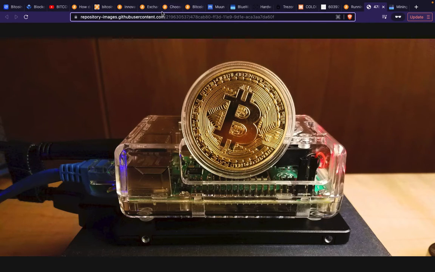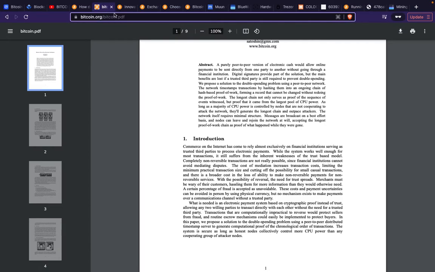Now let's go back to the white paper. Like I said, guys, I want to take my time to go step by step. So now we were talking about the proof of work, right? The proof of work is a separate system, because the proof of work is done by the miners.